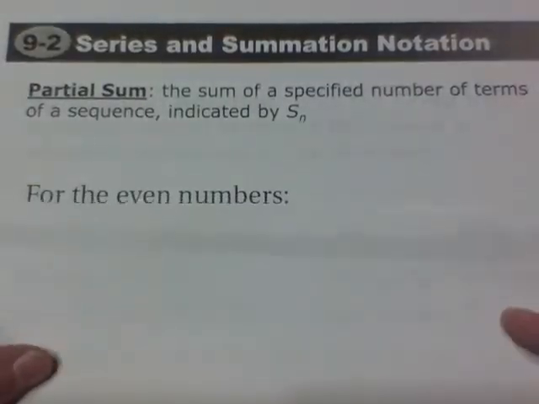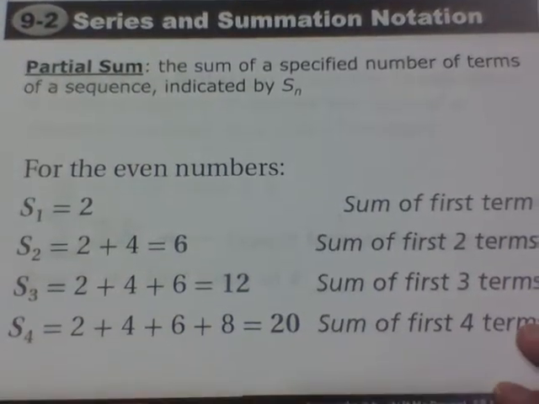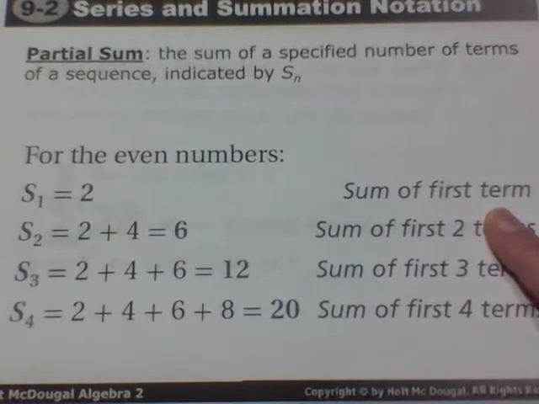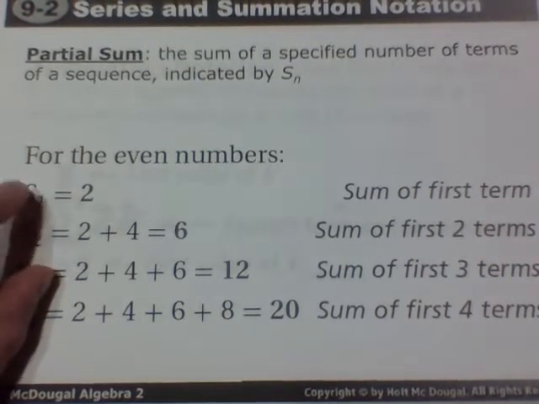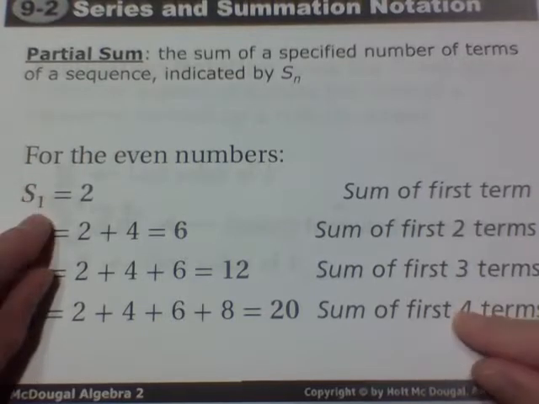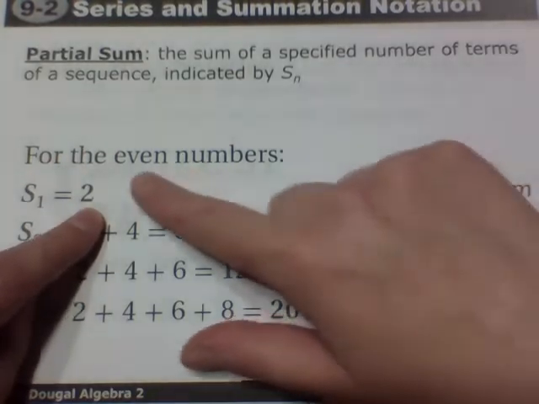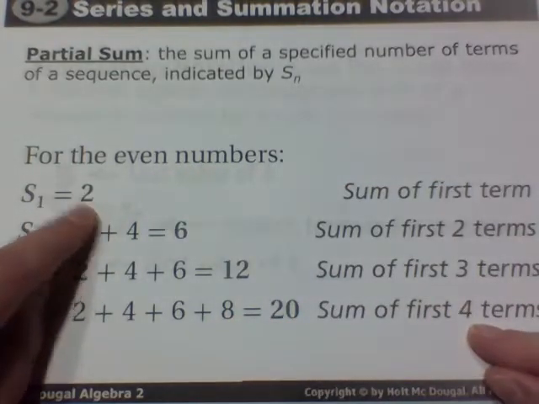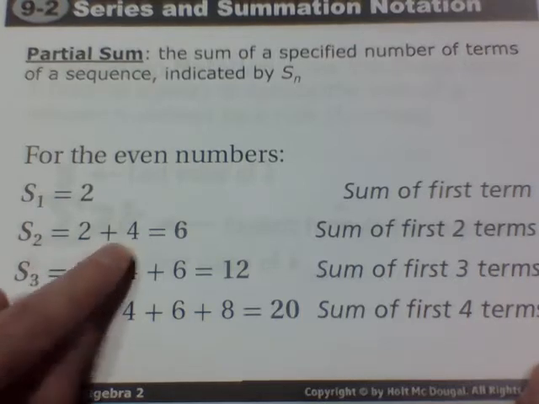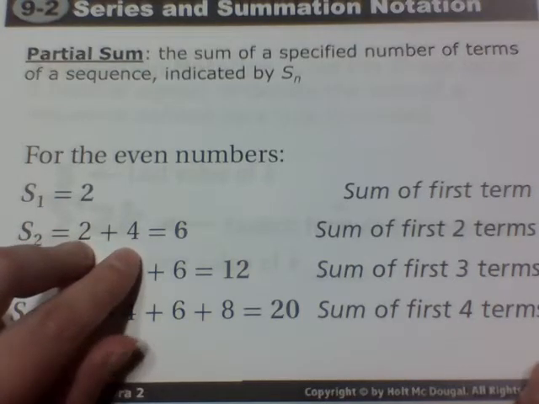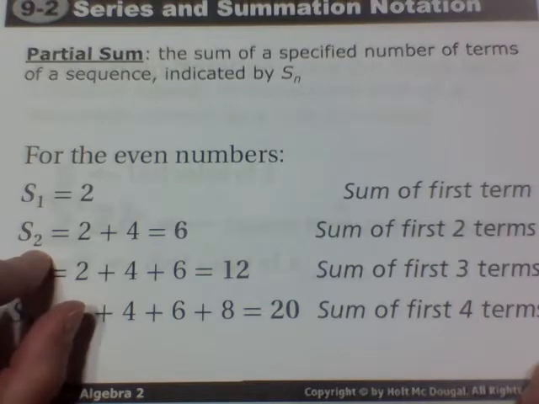All right. So if we go ahead and try to add all of the even numbers, the sum of the first term of even numbers would be the sum or series with this S here, and the fact that we're adding one term. That first even number is 2. If we want to do the first 2 terms, that would then take 2 and 4, because those are the first 2 even numbers. And that little 2 again indicates that you have 2 numbers.